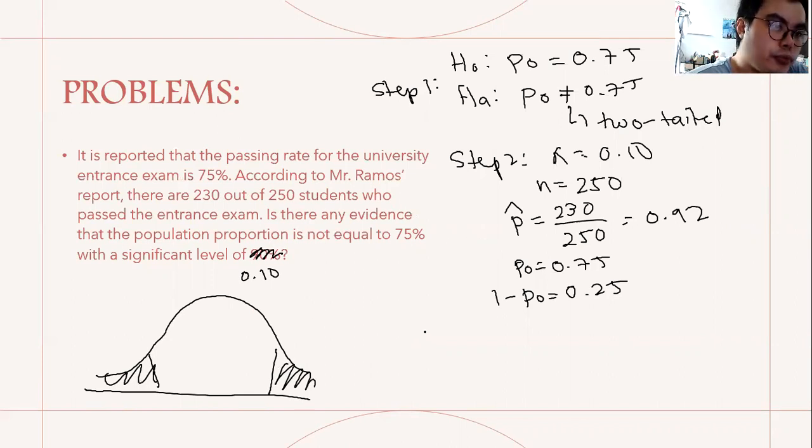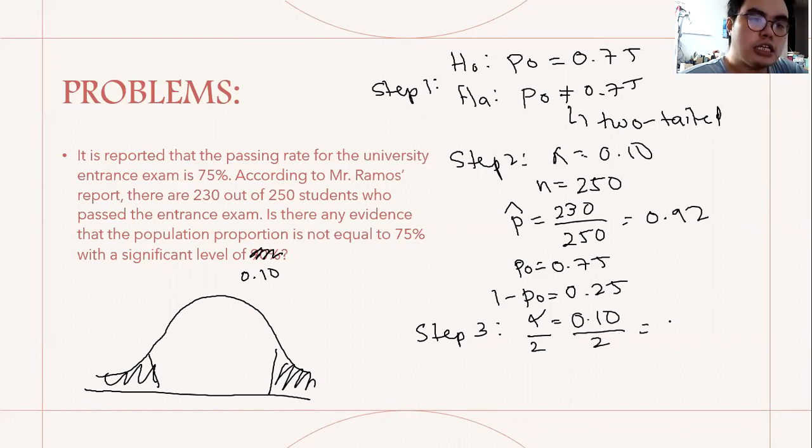Okay, so our step 3 is alpha. The alpha is 0.10, so all we have to do is we're going to divide it by 2 since this is a two-tailed test, so it will become 0.05.